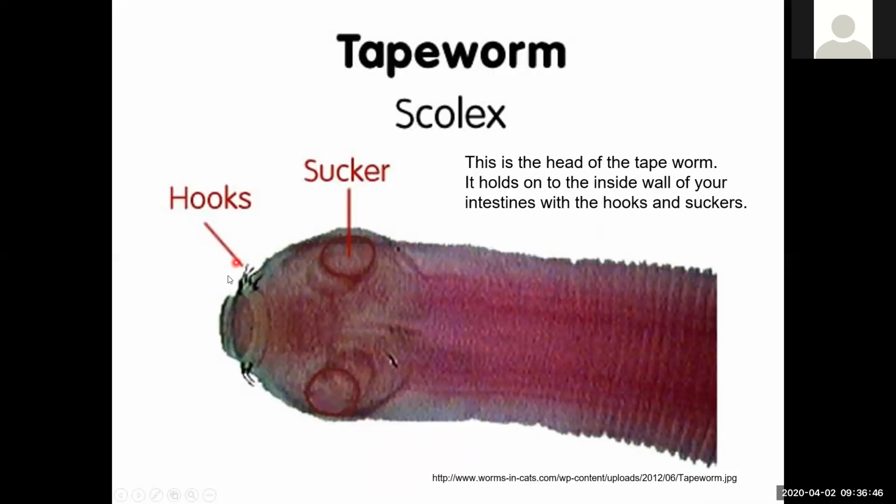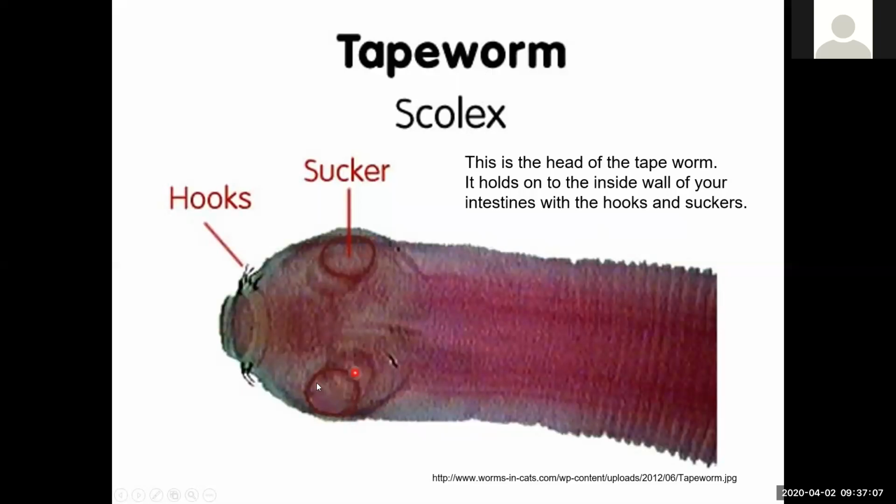Its head, if you will, does not have a very well developed neural net at all, nothing like Turbellaria. It doesn't actually have cephalization or a head with concentrated neural activity. It has suckers in a set of four.